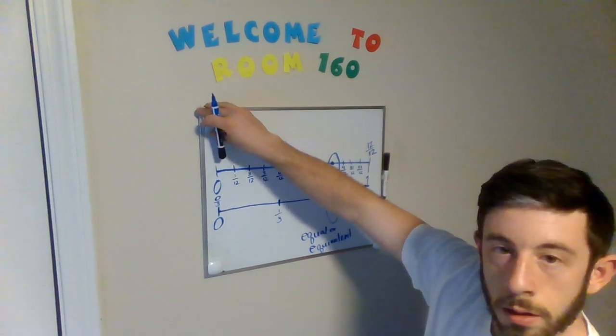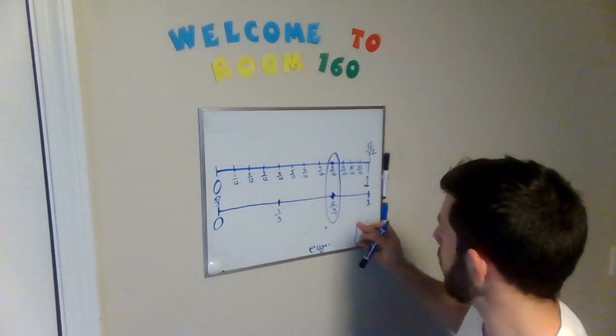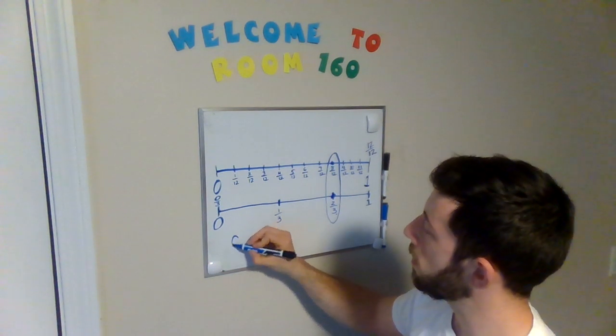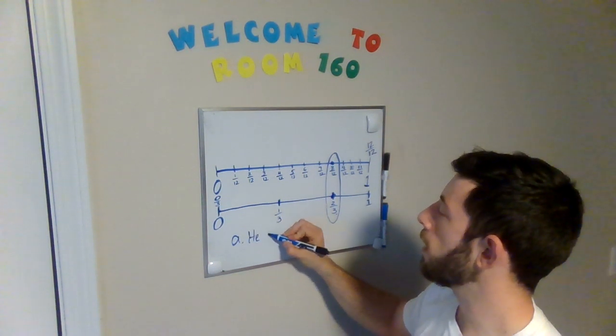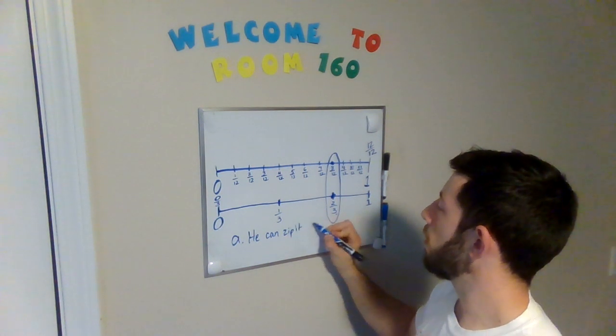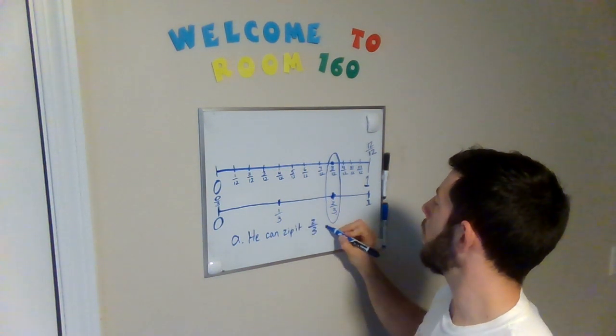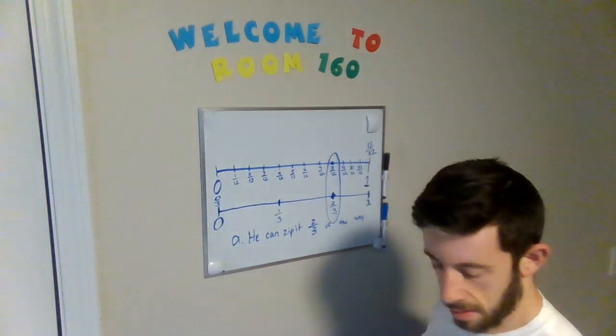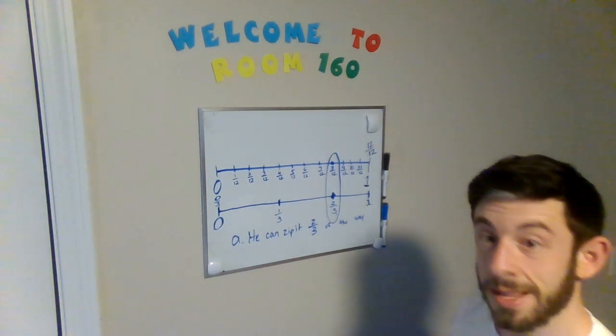So how many thirds of the way can Robert zip up his jacket? If we're using this number line, he can zip it 2/3 of the way.